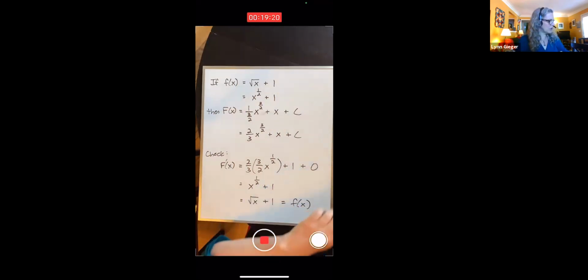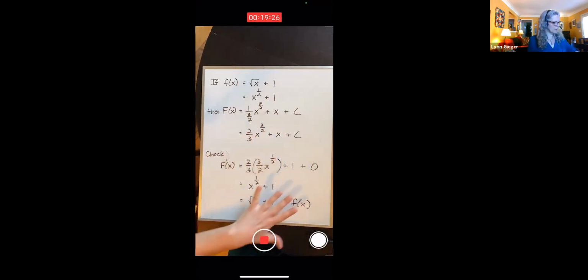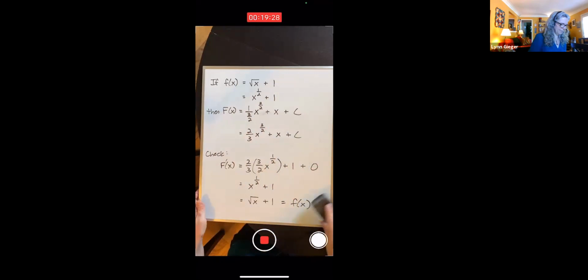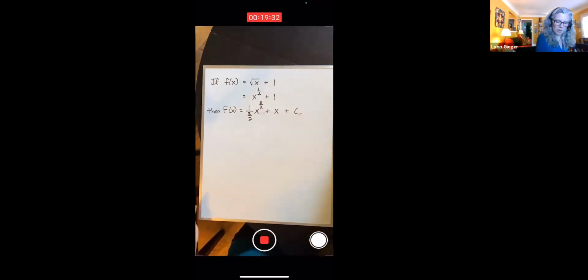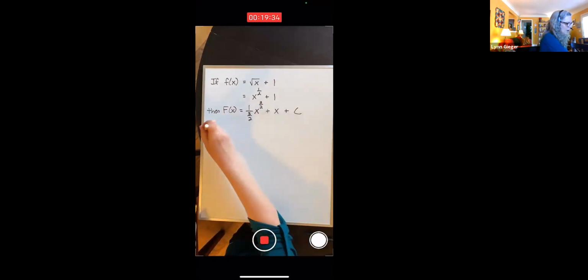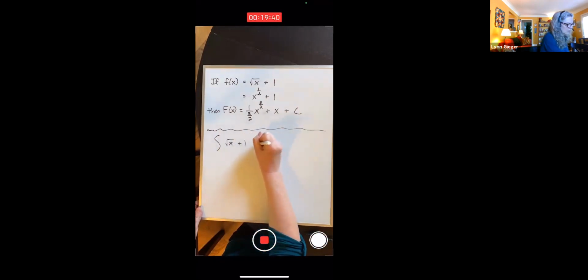Now, let me just show you really briefly what this would look like if you were doing it with the indefinite integral operator. I'm going to erase some of the work here. If you wanted to do the exact same problem using the indefinite integral operator, like this.